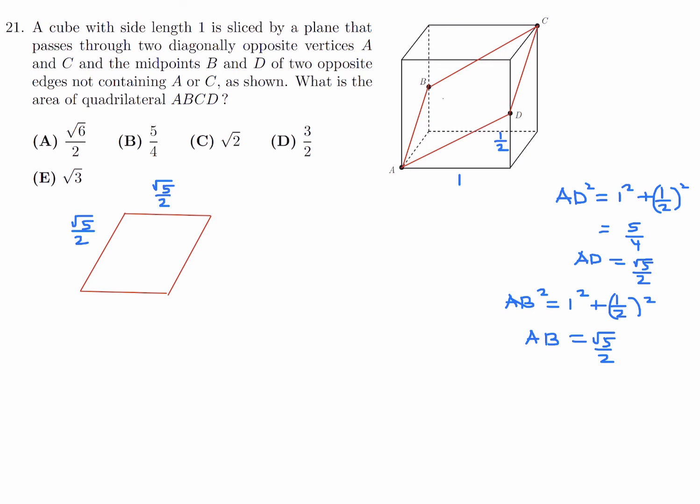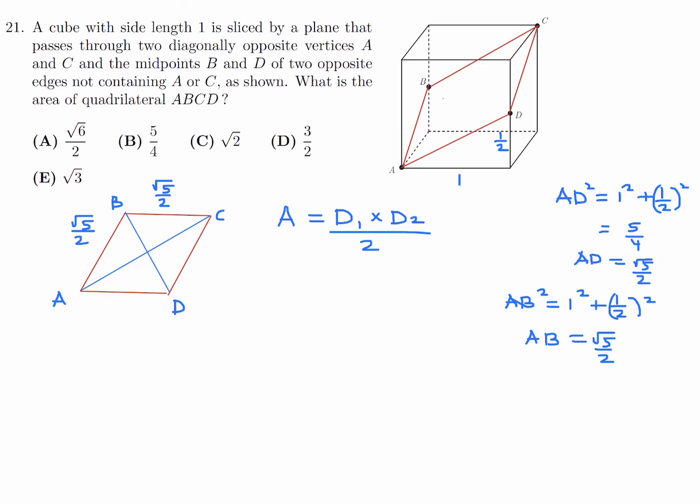So how do you figure out the area of a rhombus? Well, one way is to figure out the diagonals. And diagonals multiplied by each other divided by 2, like that. So if you label this A, B, C, D, our diagonals on this diagram will be AC and BD.